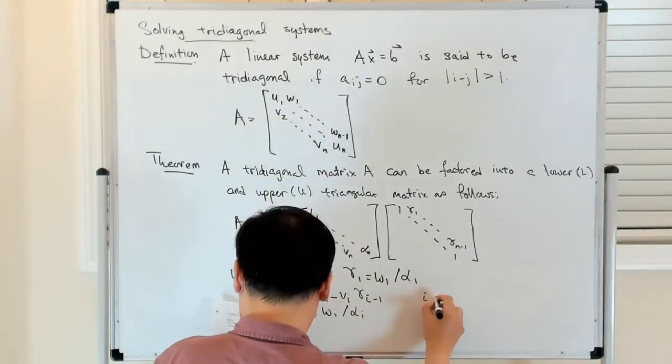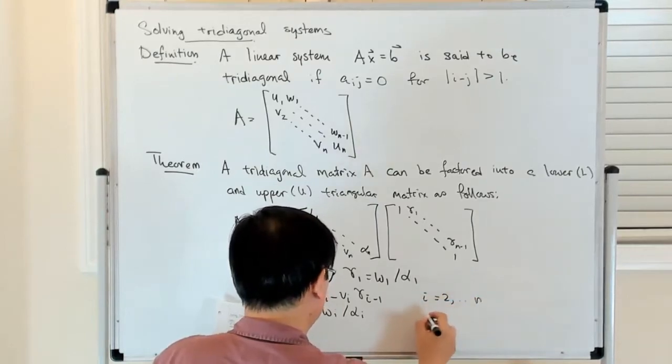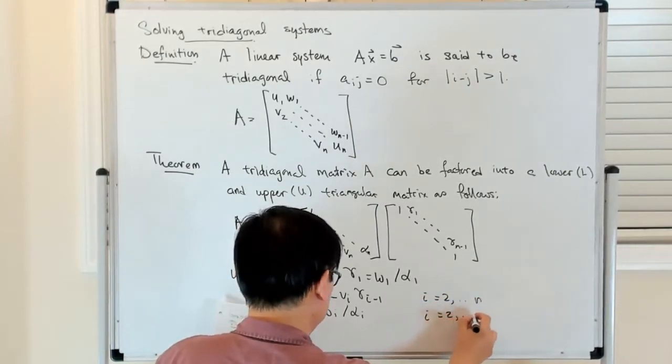This is for i equals 2 to n, and for gamma, i equals 2 to n minus 1.